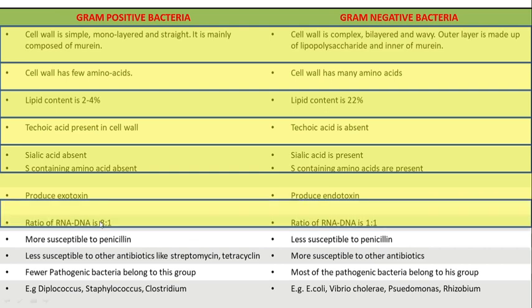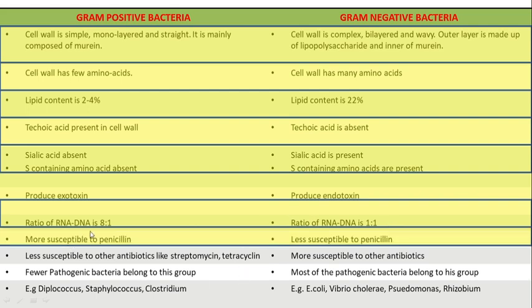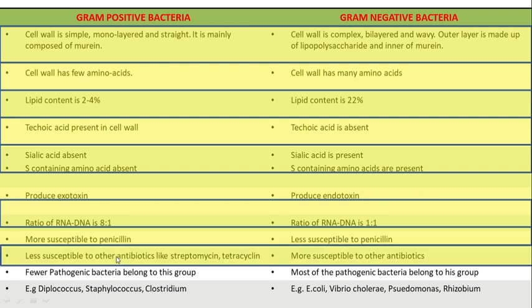The ratio of RNA and DNA is 8:1 in gram positive, whereas the ratio of RNA and DNA in gram negative is 1:1. Gram positive bacteria are susceptible to the antibiotic penicillin, whereas gram negative are less susceptible to penicillin. Antibiotics like streptomycin and tetracycline will not work on gram positive, whereas gram negative is susceptible to all other antibiotics except penicillin.